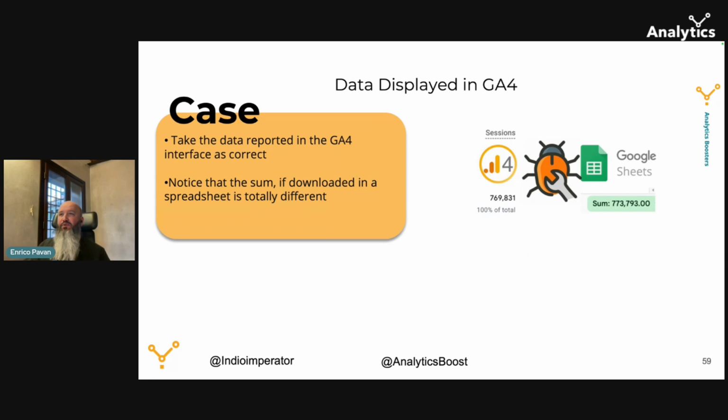And if you, for example, take the data report in GA4 interface as correct, you're going to miss something, because if you sum what you are going to download at the same report, like the standard report or even into the exploration, there is total different value between what we see inside the report displayed versus the Google spreadsheet or the sum that we got inside each element we download from the report.